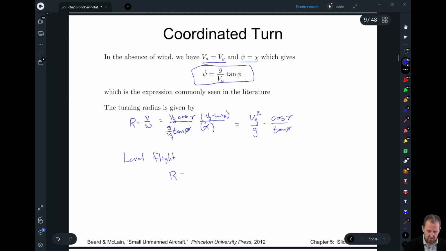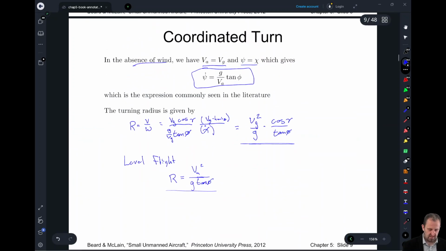We have that R is then equal to, I should say VG, in the absence of wind, VA squared all over g times tangent of phi. So here's our radius if we're allowing wind and being able to go up at a certain direction, and here's our radius if we're just doing the planar flight. Okay, so that is our coordinated turn.